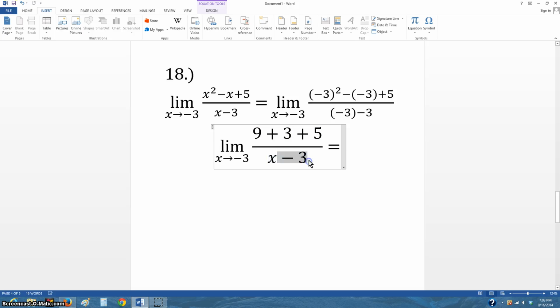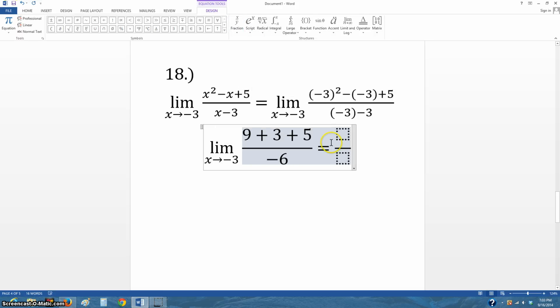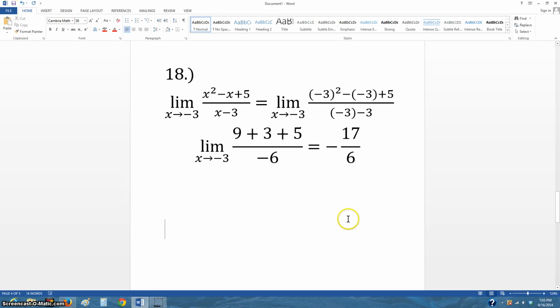So this part is a negative 6. 9 plus 3 is 12. 12 plus 5 is 17. And 17 divided by negative 6 is already simplified. So my answer is negative 17/6. Okay, any questions on that one?